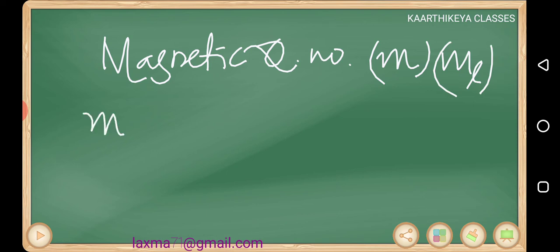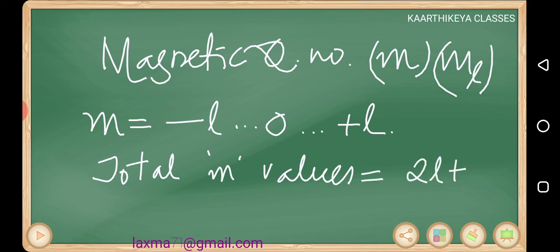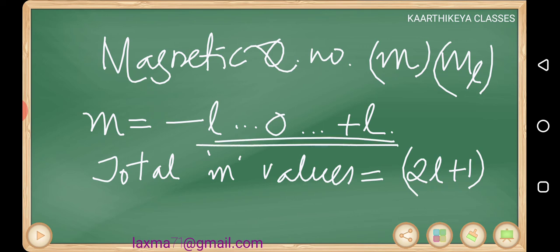Its value starts from minus L, including 0, to plus L. So magnetic quantum number values depend only on L. So the total number of m values is equal to 2L plus 1. If you want to write the individual values separately, you have to go like this. If you want to identify how many values there are, the total number of m values will be 2L plus 1.